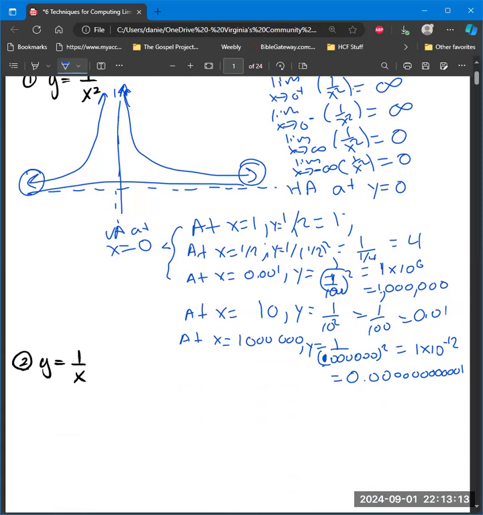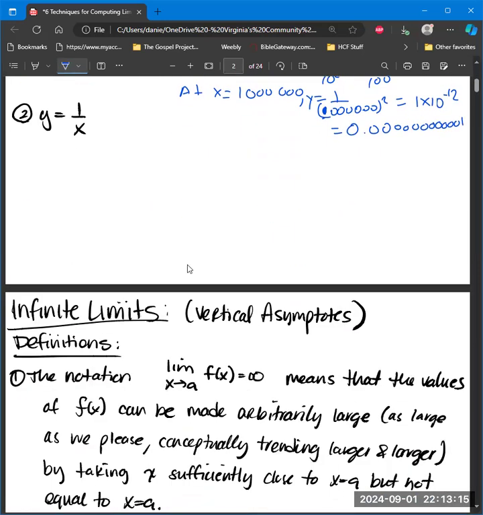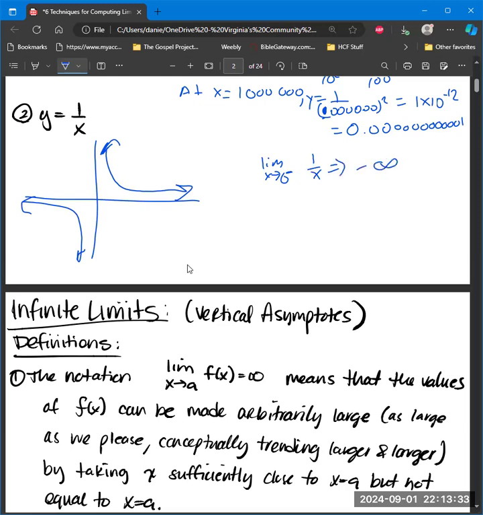So let's go ahead and look now at 1 over x instead. It looks like this. The limit as x approaches 0 from the left of 1 over x is going to negative infinity.